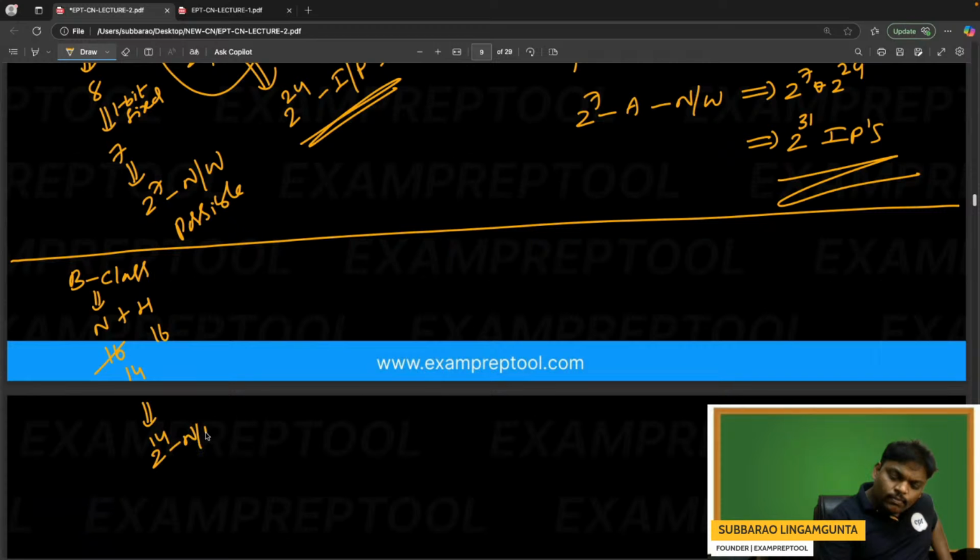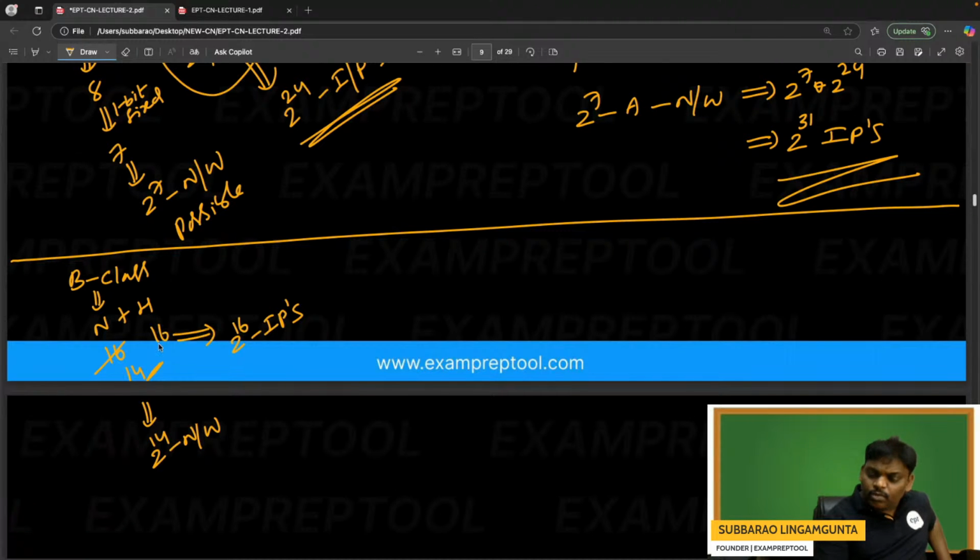With the 16 host bits, 2 power 16 IPs are possible.